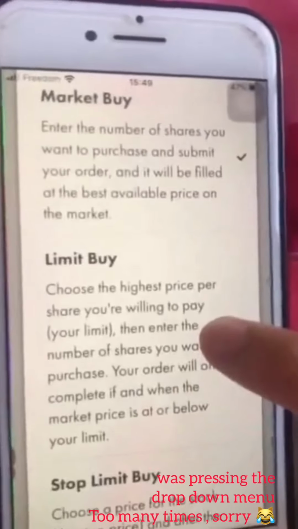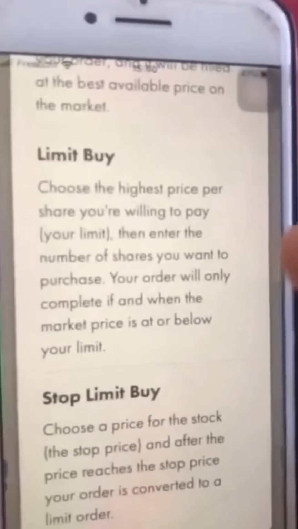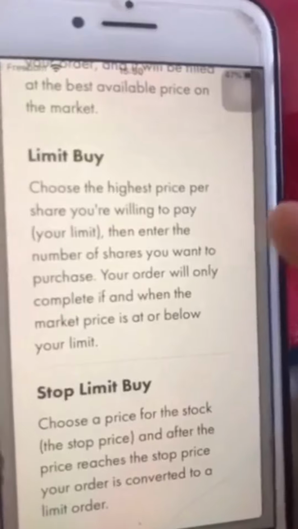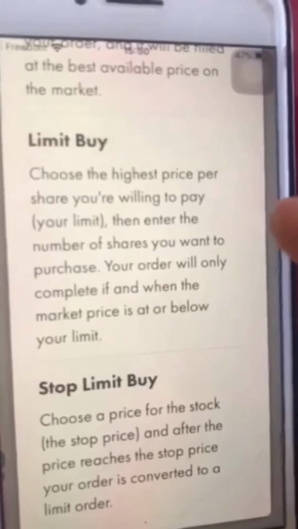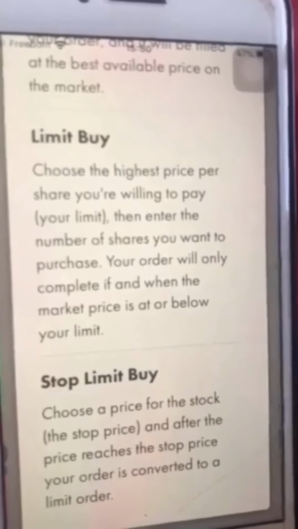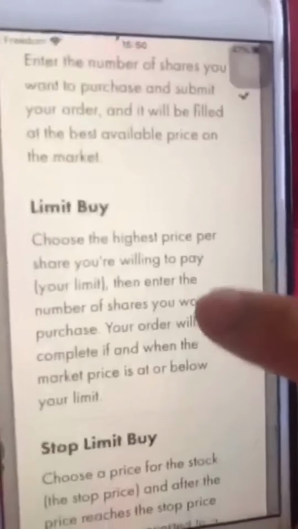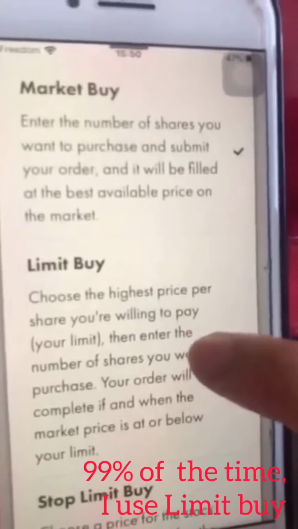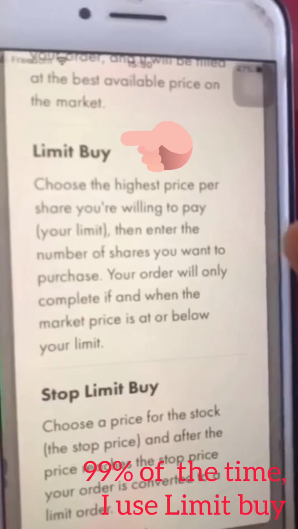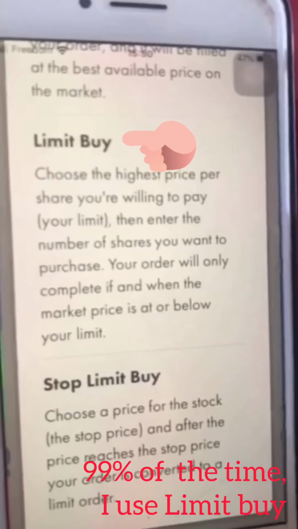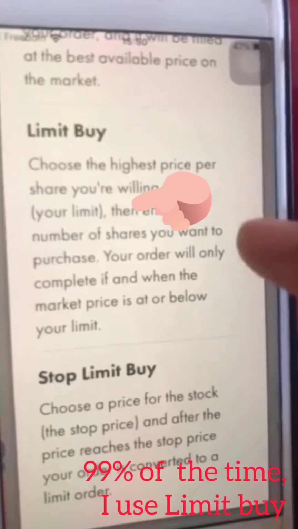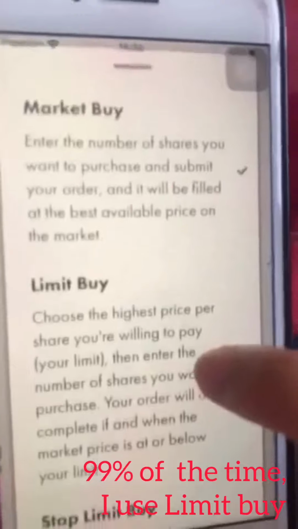Limit buy allows you to set a limit price. This is the highest price you're willing to pay for that particular stock. So this is what I commonly use, limit buy.